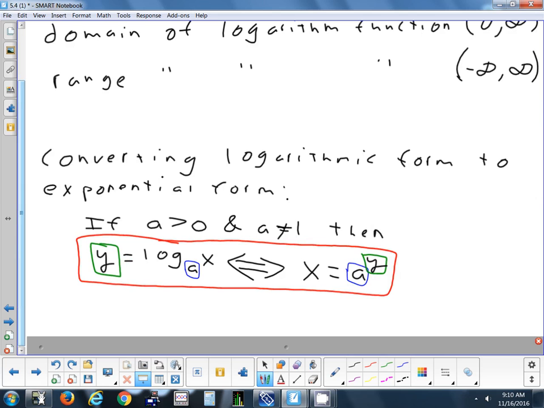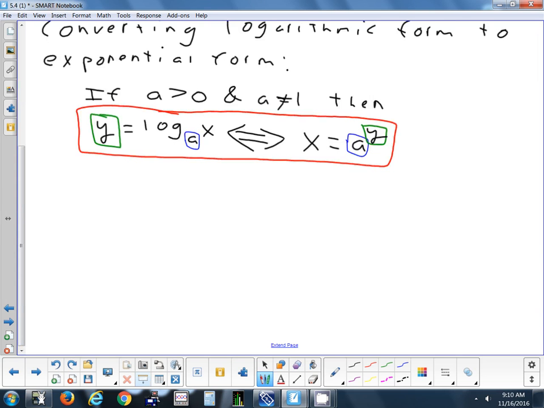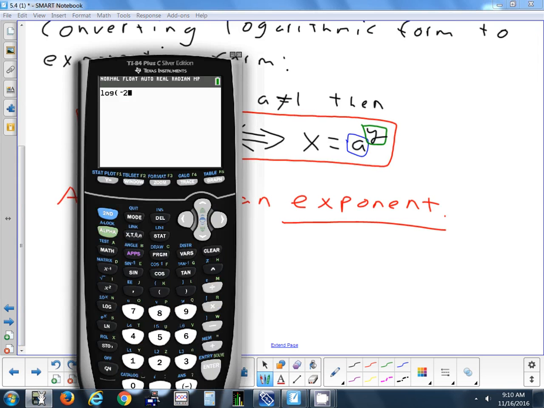All right, and then the next thing, this is going to explain really what a log is. A logarithm is an exponent. Logarithms are always used to calculate an exponent. So when you type in log of something on the calculator and you hit enter, that number right there, 0.30, that's an exponent for something. I'll explain what that something is in a second.